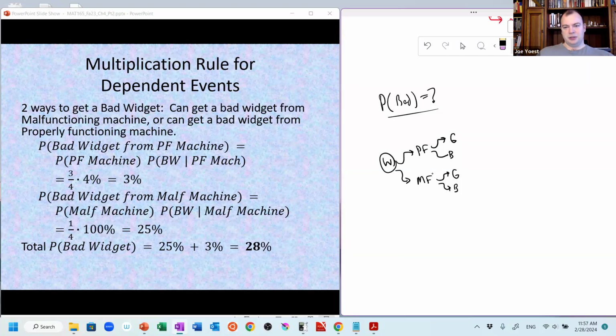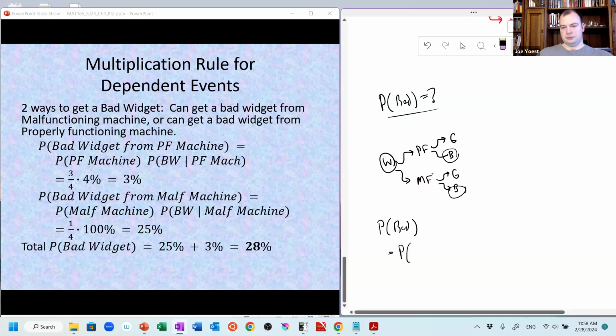Okay, so the probability of getting a bad widget. Well, there are 2 ways I could get a bad widget. It could be a bad widget and have come from a properly functioning machine.